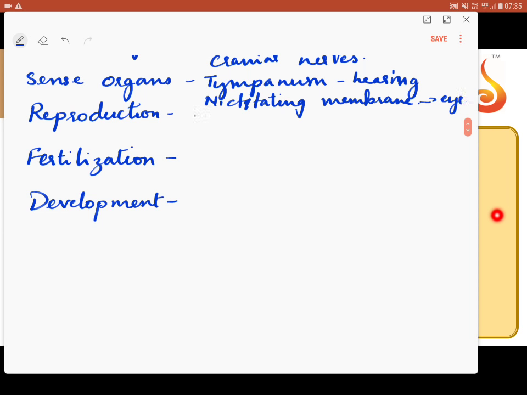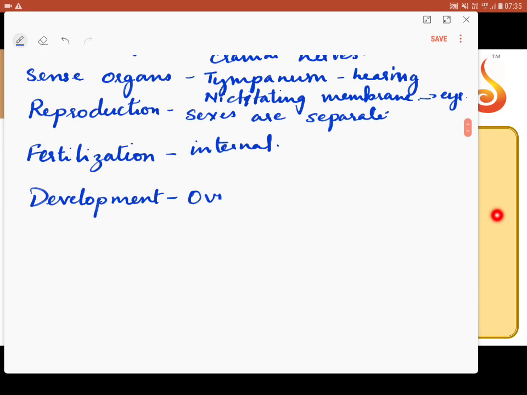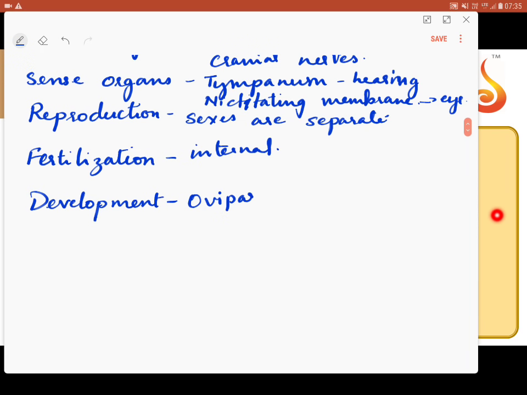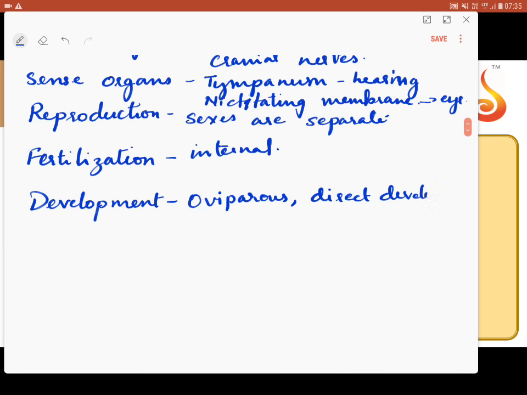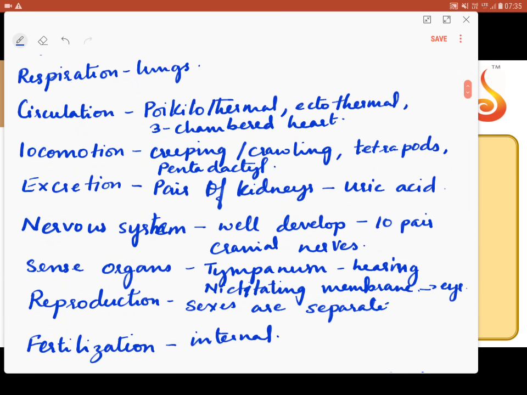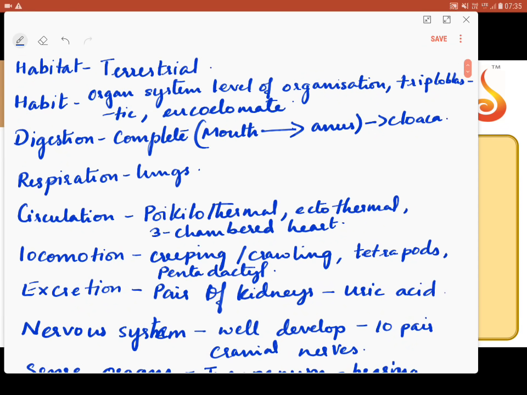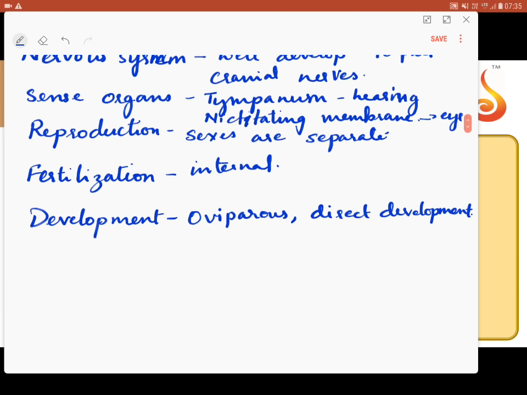Reproduction, sexes are separate. Fertilization, internal. Development, oviparous forms and direct development. I hope Reptilia is clear to you all and the summary you can understand easily.